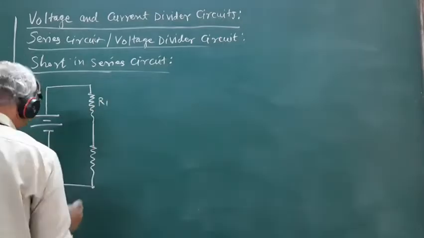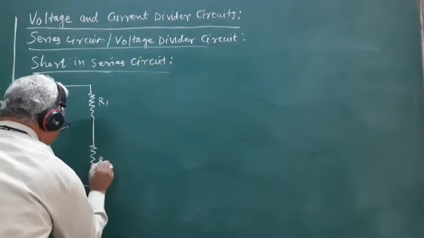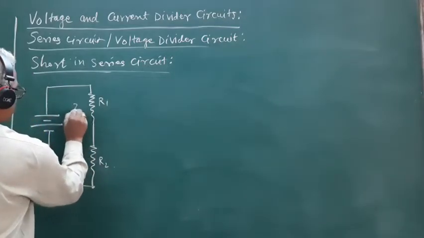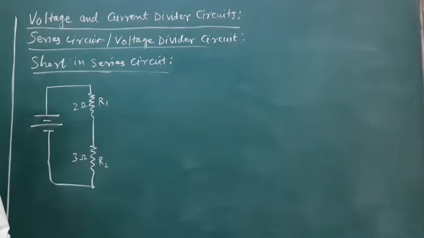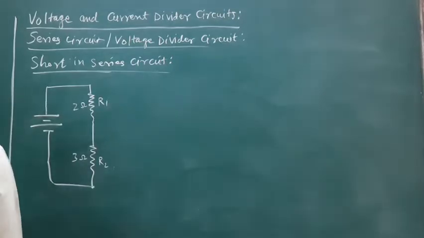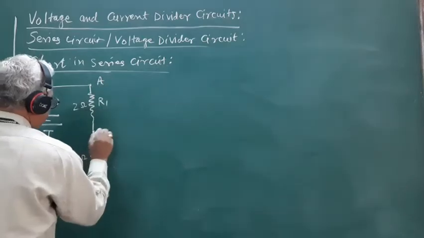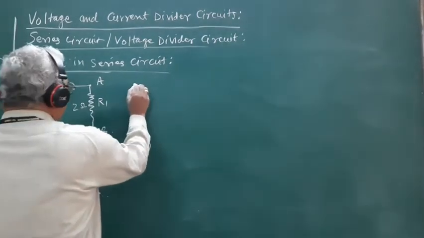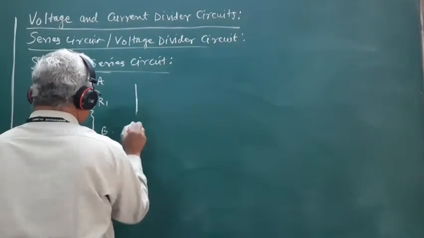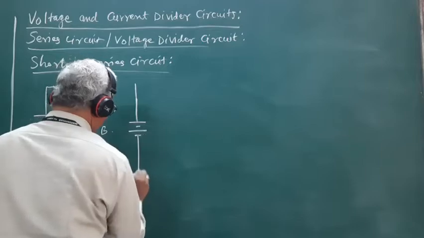So this is resistance R1 and this is resistance R2. So this resistance R1 is 2 ohm and this resistance R2 is 3 ohm. This is the point A, the point B, and if a short is put across the resistance R2, what will happen?